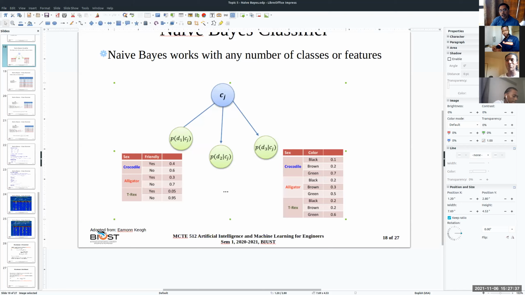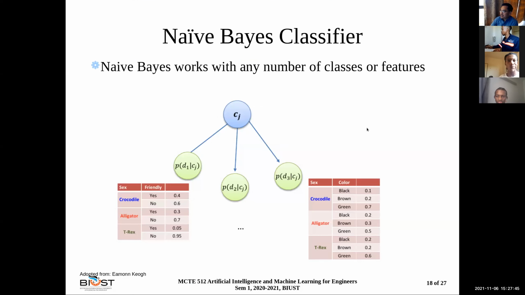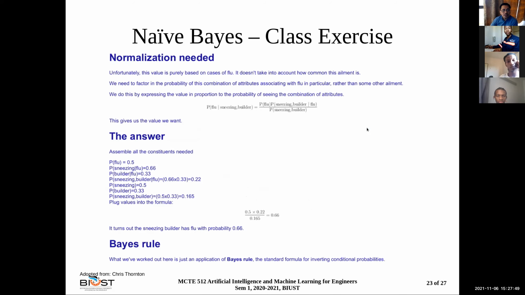Okay. So now let me go back to that question of why in some instances we are computing the entire naive Bayes equation, and in some instances we are not.